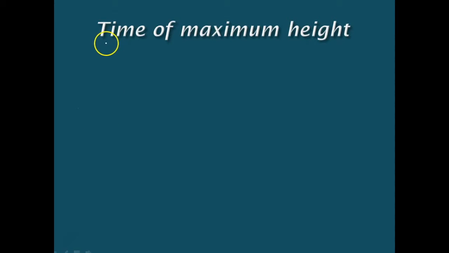Now let us find the time of maximum height, which means how much time the projectile takes to reach the maximum height. Let this time be denoted by Tm. At the point of maximum height, we already know Vy is 0, isn't it?